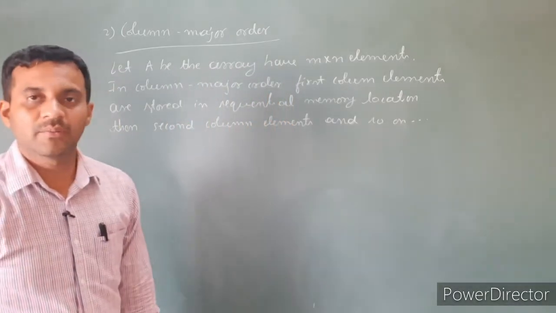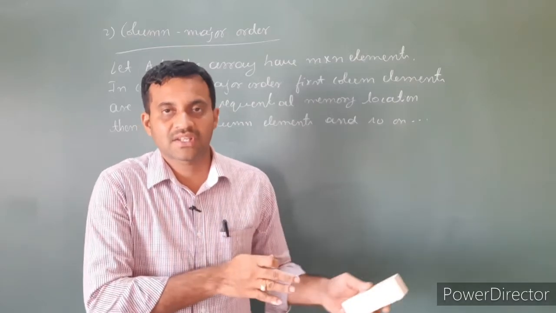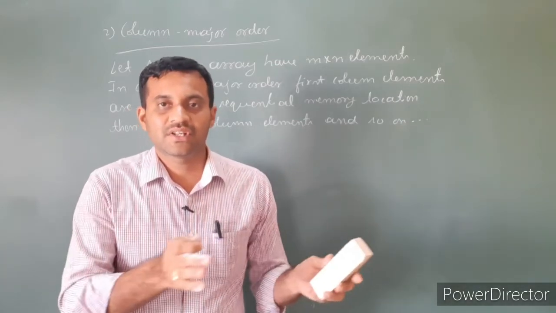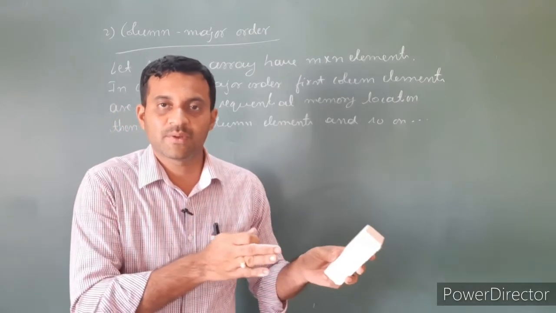In column major order, first column elements are stored in sequential memory locations, then second column elements are stored in sequential memory locations, and third column elements are stored in sequential memory locations, and so on.